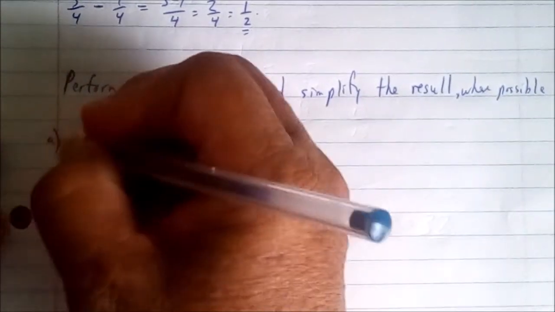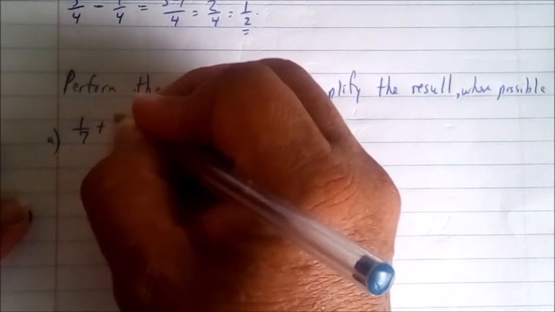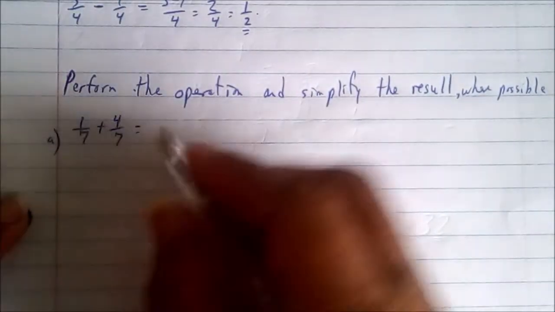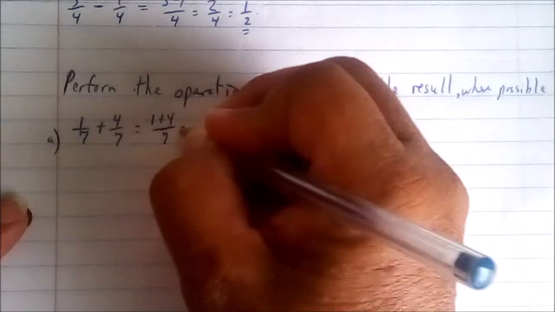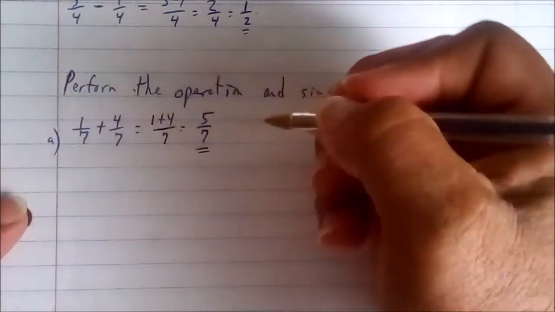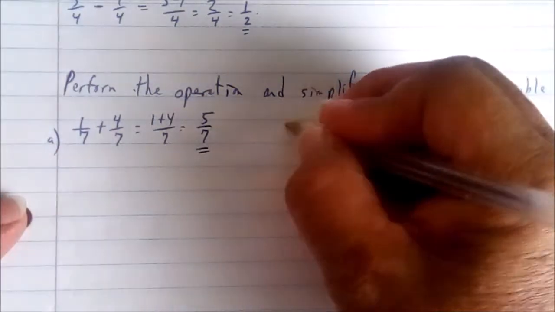So let's start our first one. We have 1 over 7 plus 4 over 7. Add the numerators, which is 1 plus 4, and keep the denominator, which is 7, which is then 5 over 7, and that's it.